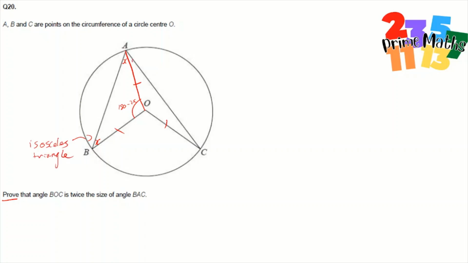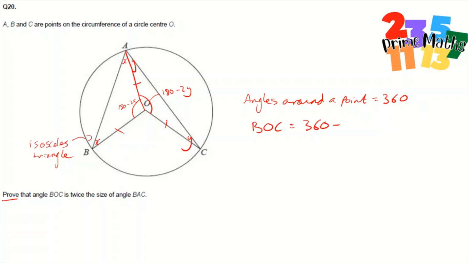I can do the same on the other side, label the two angles y, and in the centre we have 180 minus 2y. We also know that angles around a point are 360. So we can say that the angle BOC is 360, take away the other two angles.